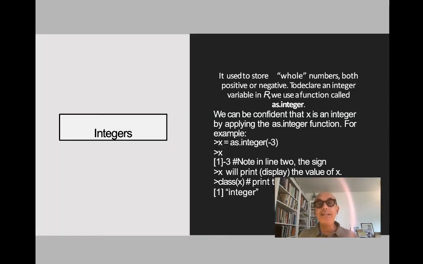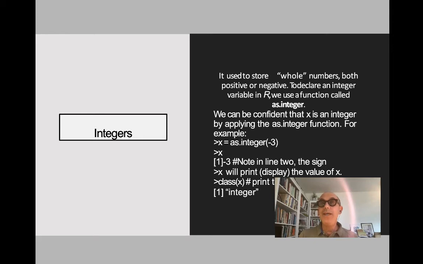Integer is the idea of storing whole numbers. It can be both positive and negative. To declare an integer in R, we will use the function called integer.